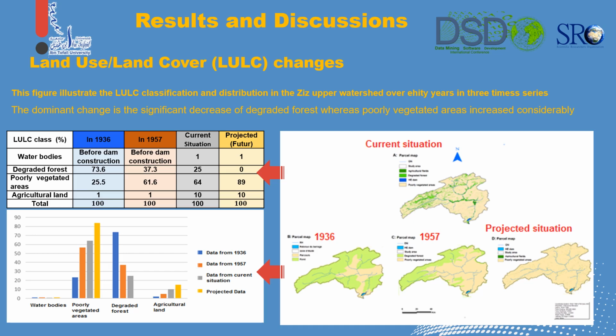These figures illustrate that this upper watershed in 1936 was largely occupied by degraded forest, and the current situation is largely dominated by poorly vegetated area. So this result explains a decrease of degraded forest, whereas poorly vegetated area has increased considerably.